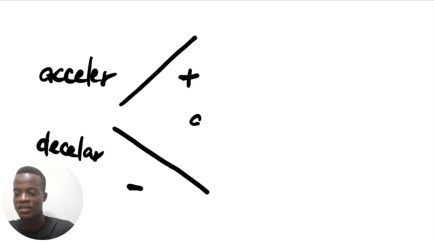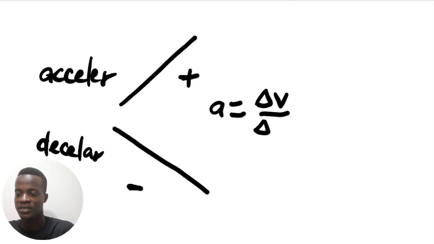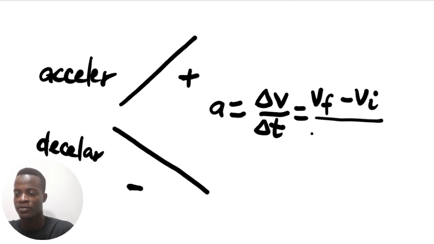Let's look at acceleration first. We are going to use a to represent acceleration. The formula is acceleration a equals change in velocity over change in time. Change in velocity is the final velocity minus the initial velocity, all over the final time minus the initial time.